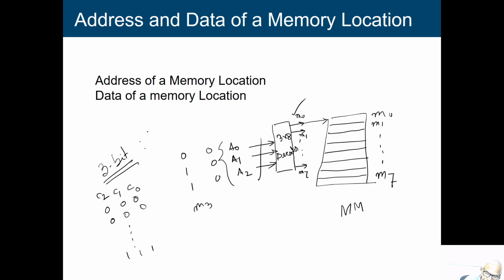So, with 3 bits we can go up to 8 memory locations. Now, if my address bus is 4 bits, then we can address 16 different memory locations.